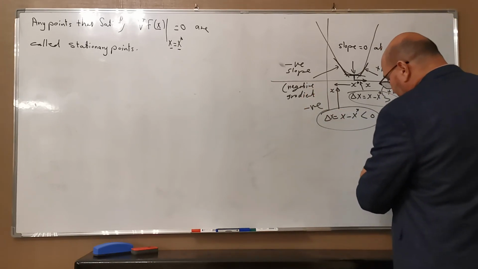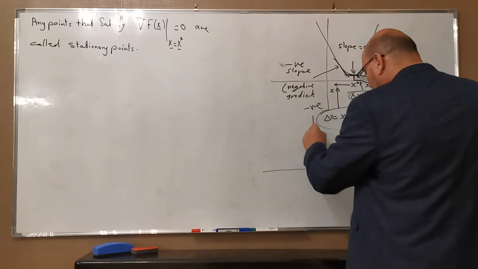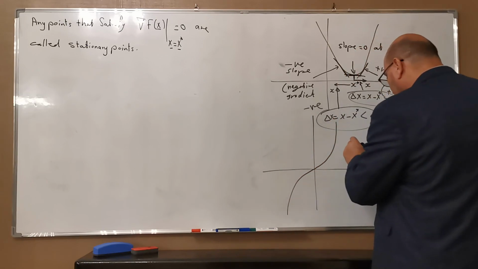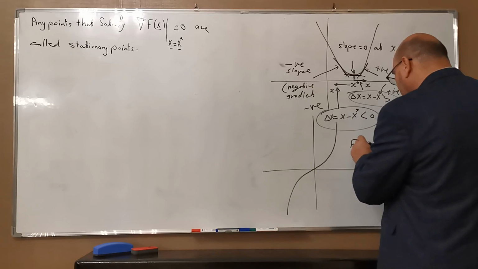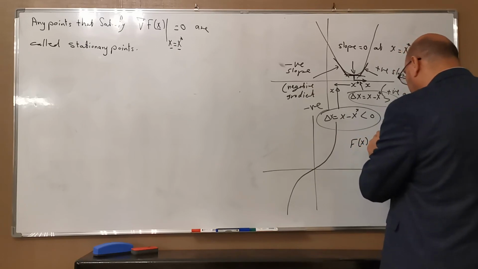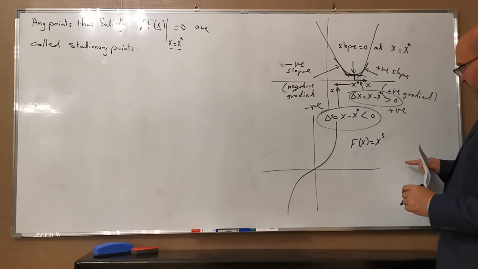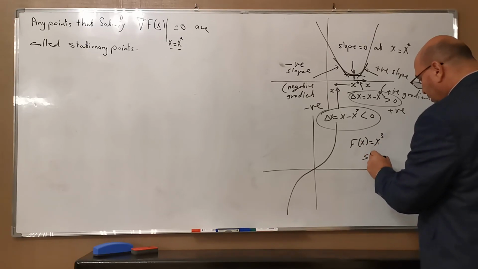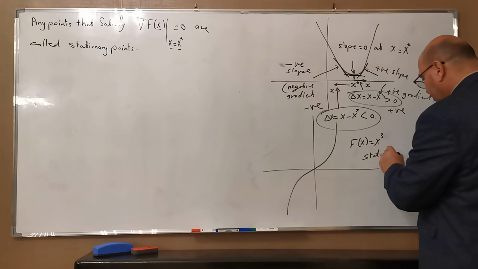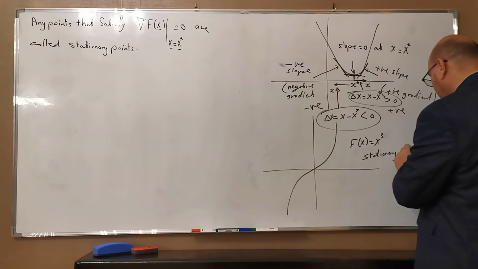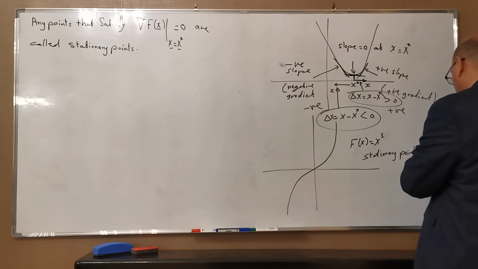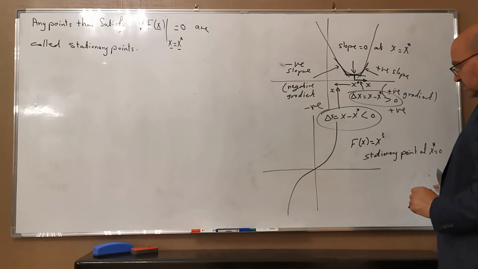One example for the necessary condition but not sufficient is to look at f of x equal to x cubed. For x cubed, you have a stationary point at x equals 0, so x star equals 0.